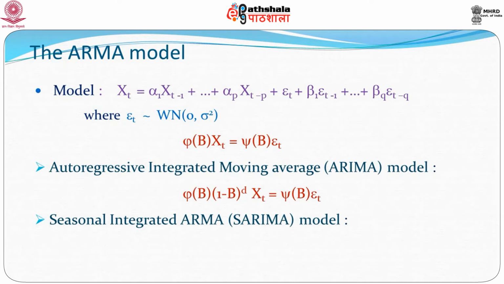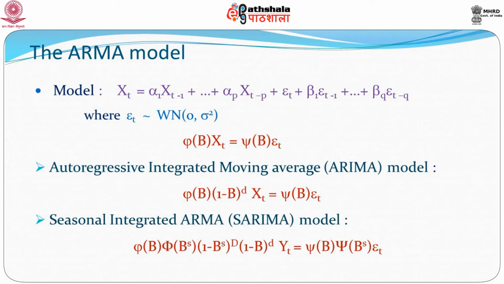If you have a seasonality component, then you use the SARIMA model, and in this case you have both trend and seasonality which can be removed, and then the ARMA model fitted to the resultant stationary model.